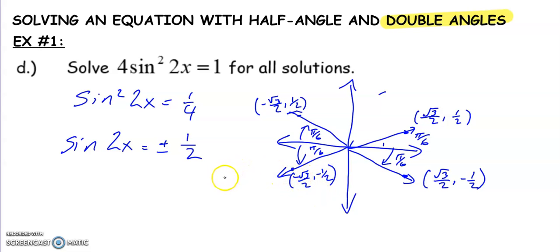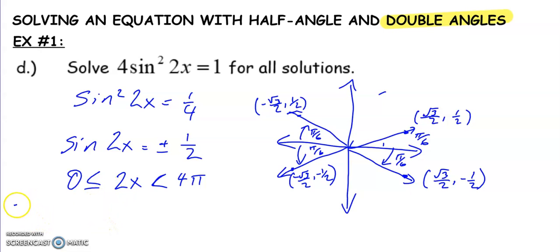So these are the angles for when we do one rotation, but we're doubling it. We want 2x, and so we're not stopping at 2 pi, we're going all the way out to 4 pi.